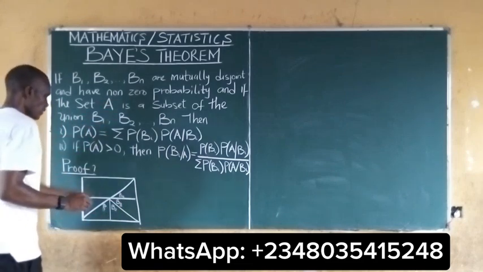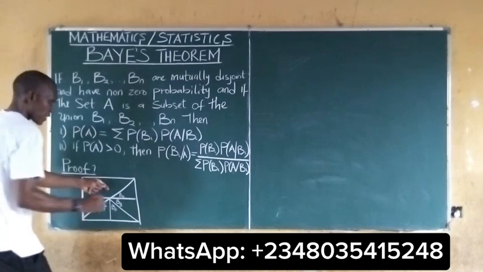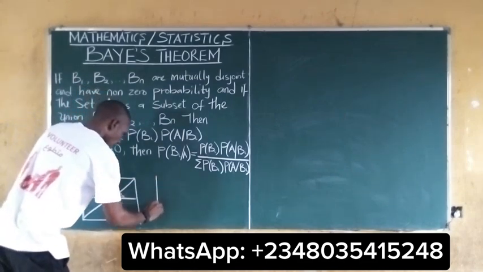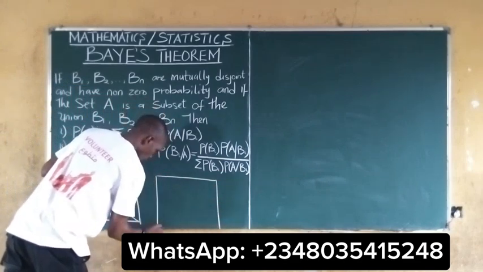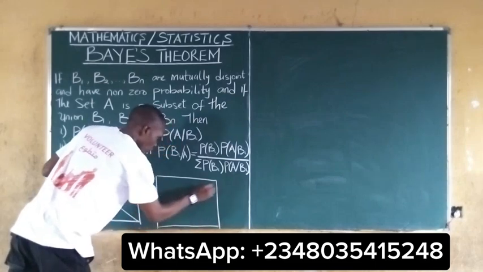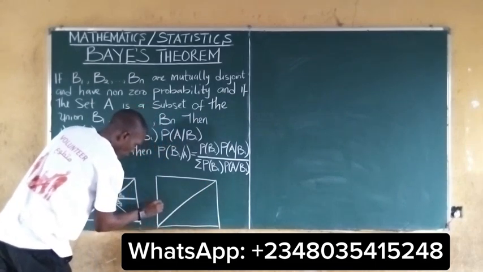They said they are mutually disjoint. This is diagram 1. It then means that you can draw it this way.